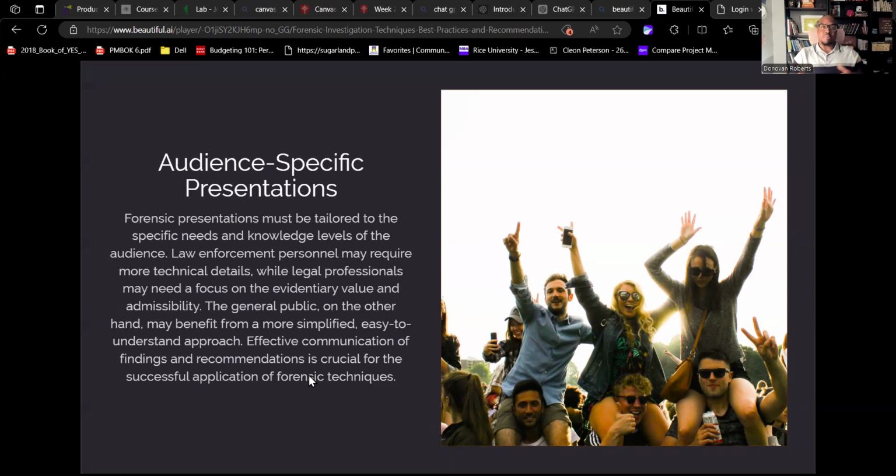So it's really important to be audience specific in your presentations, and make sure everybody is in the know about not only the evidence you've collected, but the process of that entire thing. Like we mentioned, ensuring the quality of the data, chain of custody, all those things, and being able to communicate fluently with your audience.